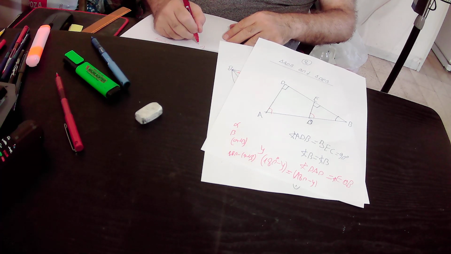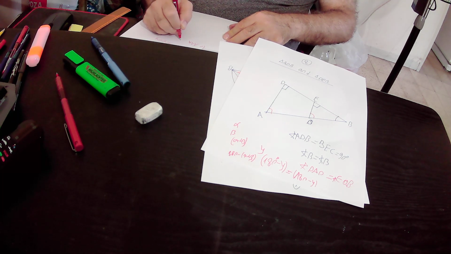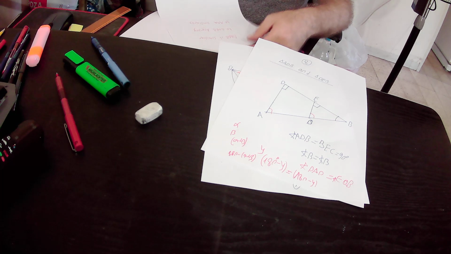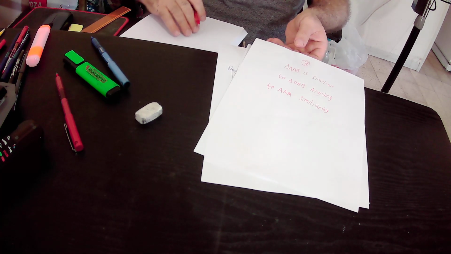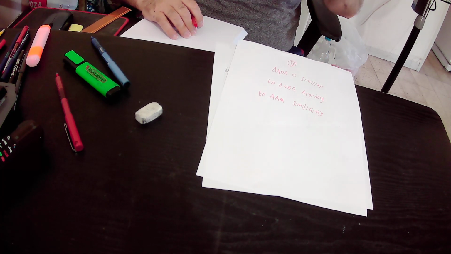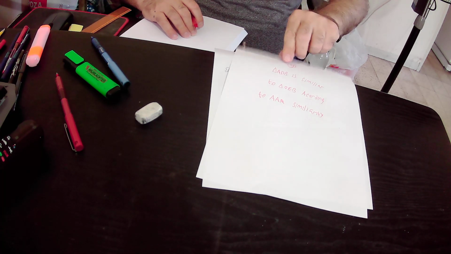So those two triangles are similar to each other according to angle similarity.